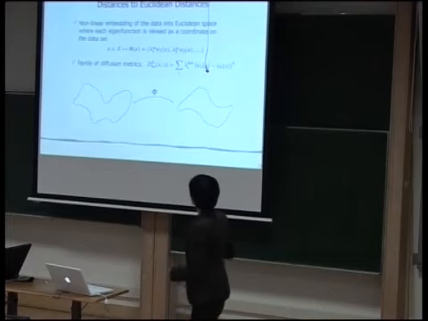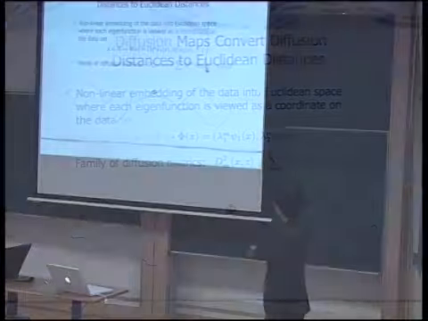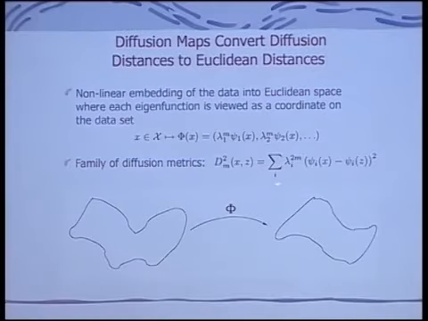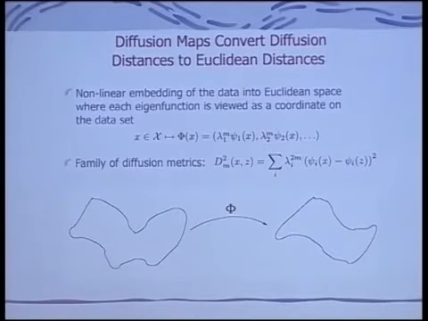Okay, so we embed a point x with the eigenvalues and eigenvectors. And then in this diffusion space, we can just compute Euclidean distances, and those will reflect the connectivity or geometry of the data.